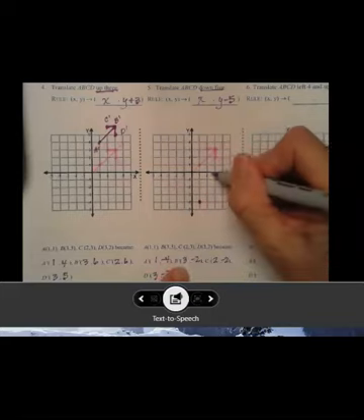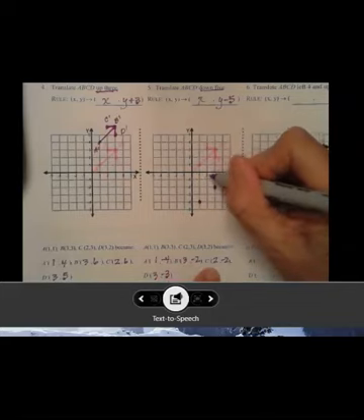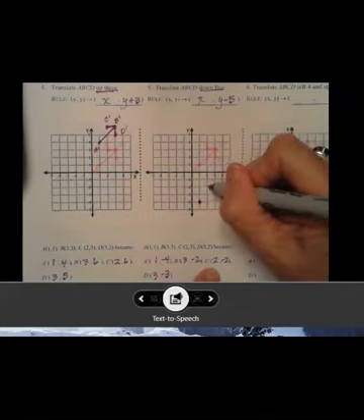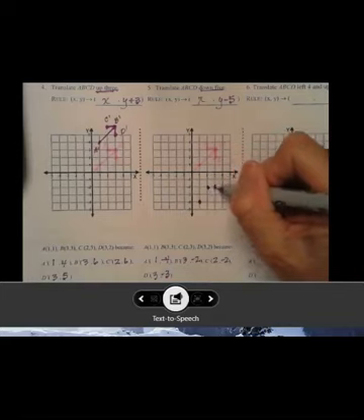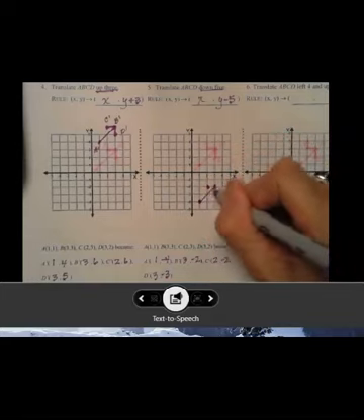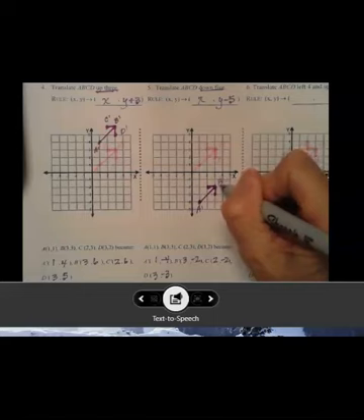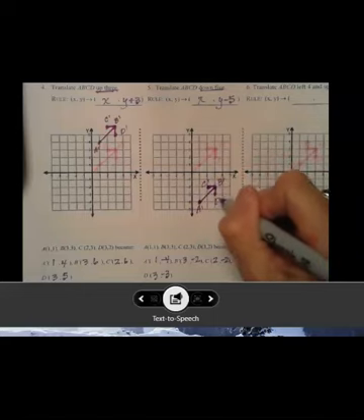Run 3, rise negative 2. Run 2, rise negative 2. And run 3, rise negative 3. And we've now taken that shape down 5, and we have our A prime, B prime, C prime, and D prime.